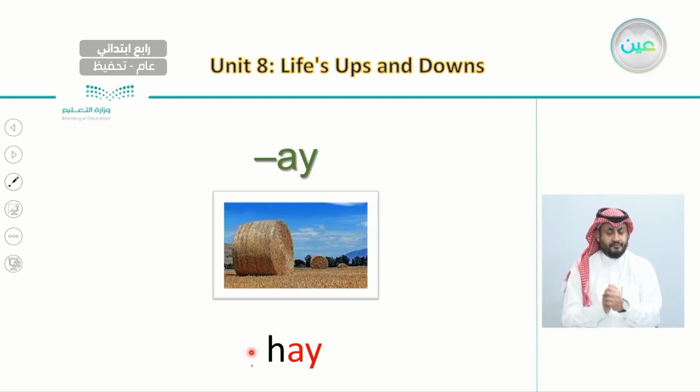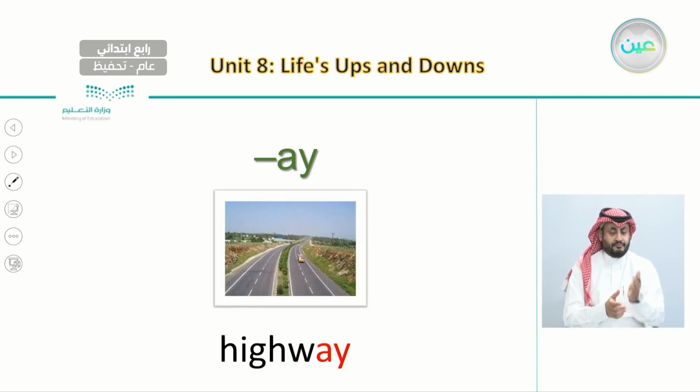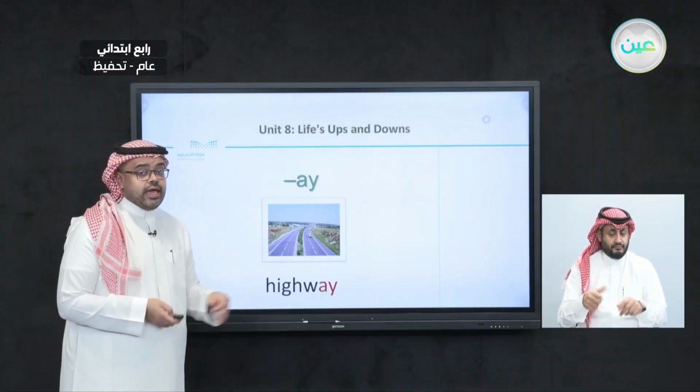Say with me, hay, which is food for different animals. And then the month, May. And finally, the last word from this list of the AY words is highway. Say with me, highway. Very well. So this is all about the words that end with AY.